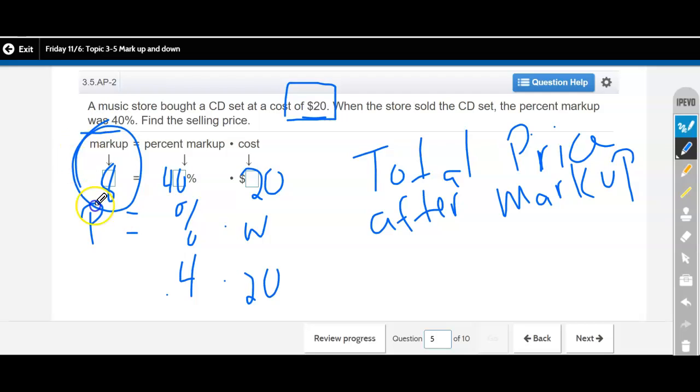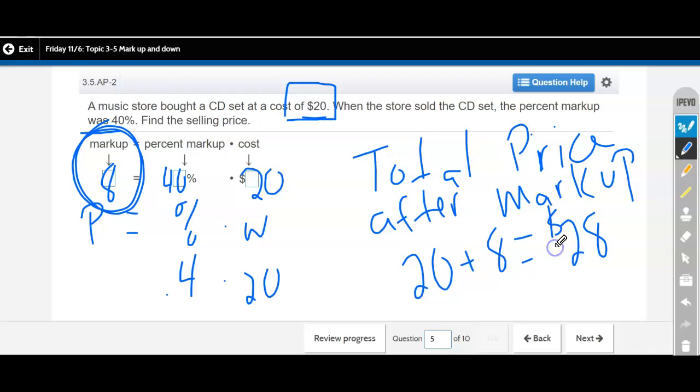So we're going to go back here and take that markup. That's the profit that the store wants to make. They take the $20 that they spent on the CD plus the $8 markup, the profit that they want to make, and they're going to sell it for $28.